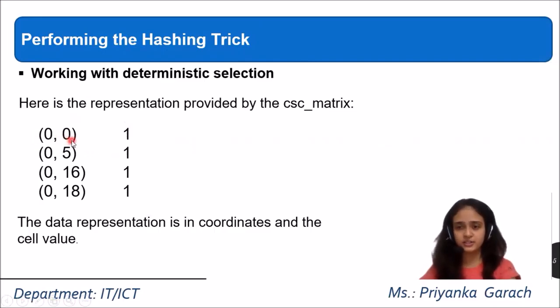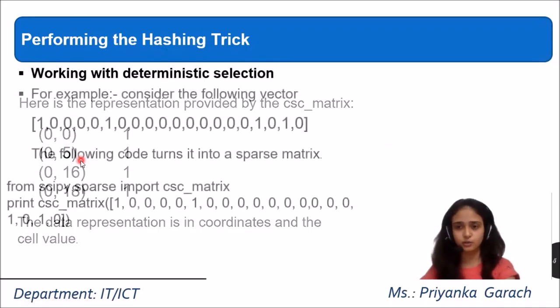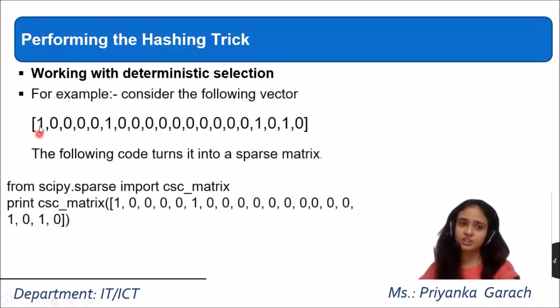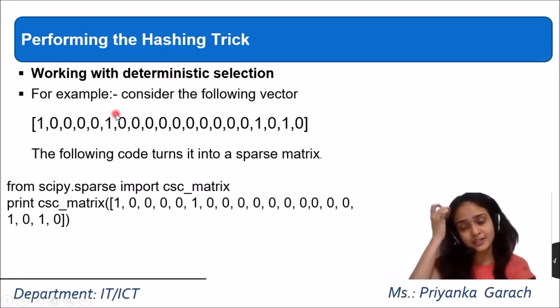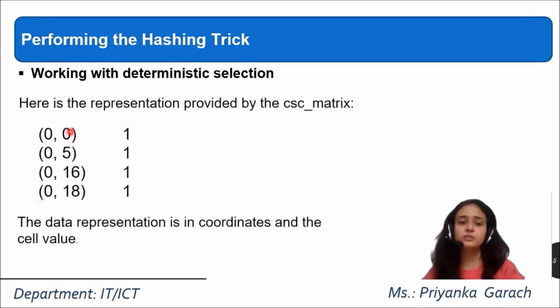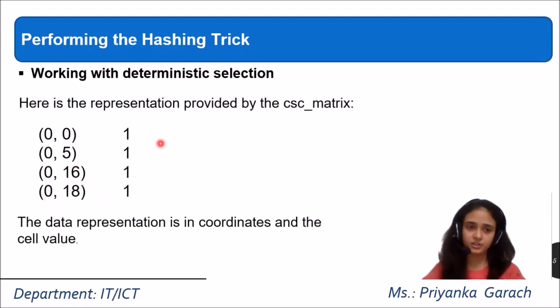The first position is 0, 0 and the second position is 0, 5. It means 0, 1, 2, 3, 4 and this one is 5. So my second one is present at 0, 5. These coordinates give me the position where my 1 is present.